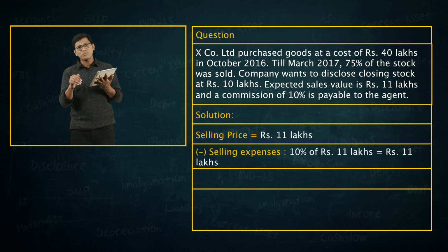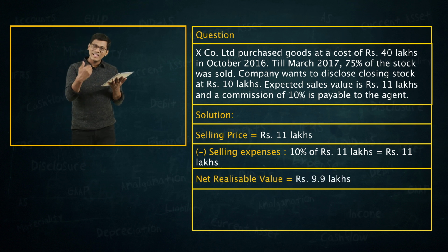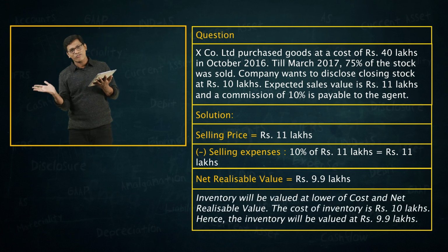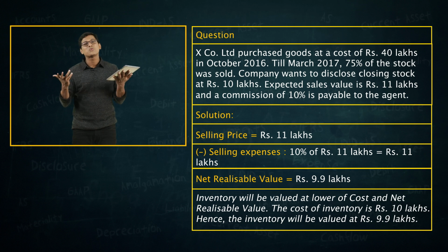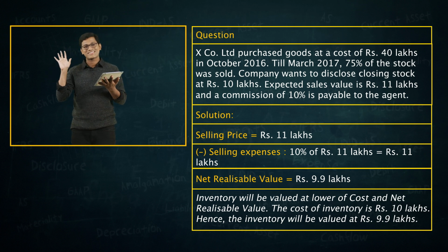If you reduce that, it will be 9.9 lakhs. So by selling, you will realize only 9.9 lakhs. And what is the cost? Cost is 10 lakhs. So 10 lakhs cost or 9.9 lakhs net realizable value, whichever is lower. So inventory should be valued at what? The lower of the two, 9.9 lakhs.